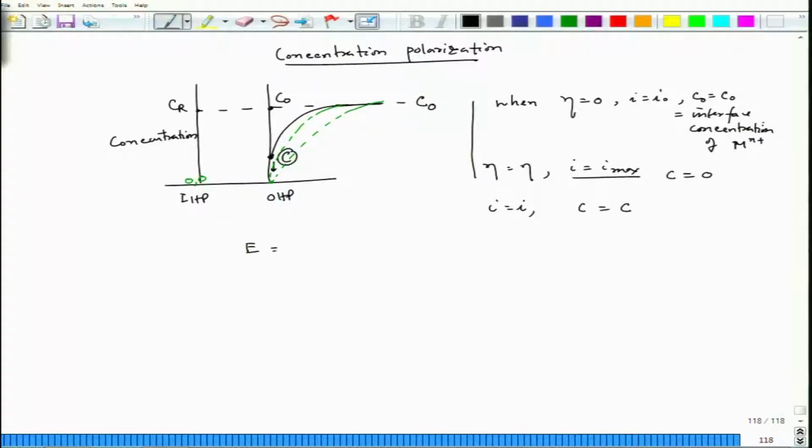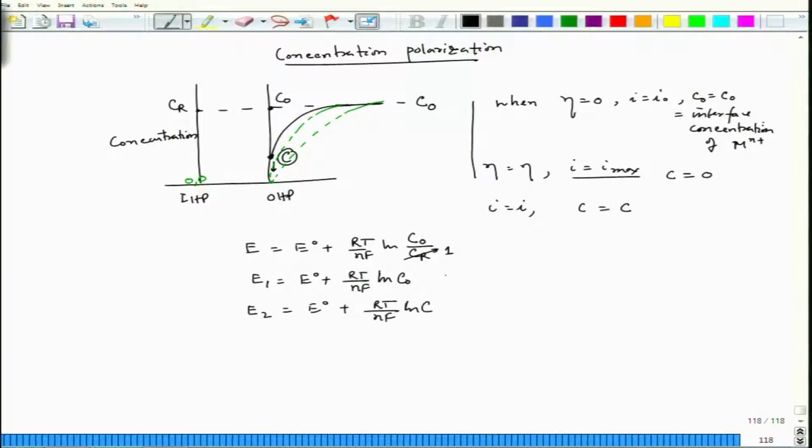So, then E equal to E 0 plus RT/nF ln concentration of O divided by concentration of R. Now, if I consider that concentration of R, or in terms of activity, is considered to be 1, then I can write it is only dependent on ln C 0, and that time the potential I consider to be E 1, and E 2 would be E 0 plus RT/nF ln C when concentration is C.